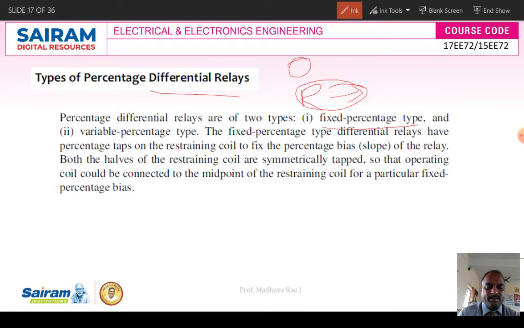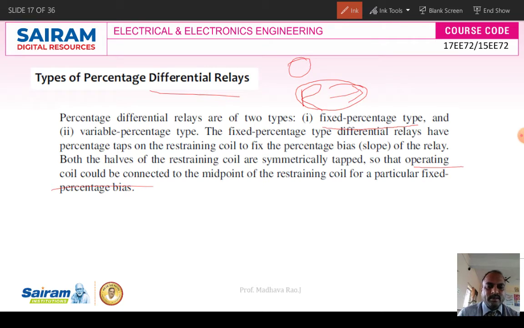Percentage type relays have only one operating coil, which is connected to the midpoint of the restraining coil for a particular fixed percentage bias.